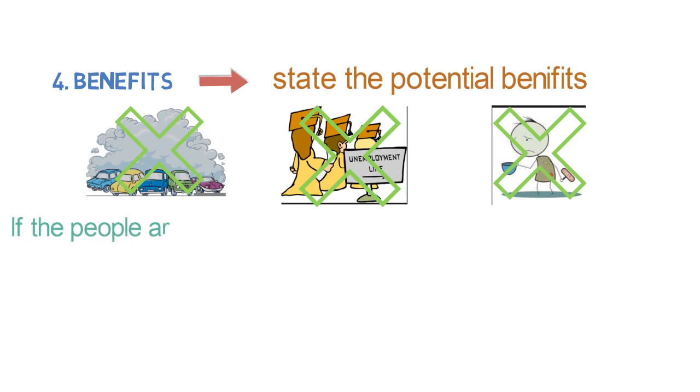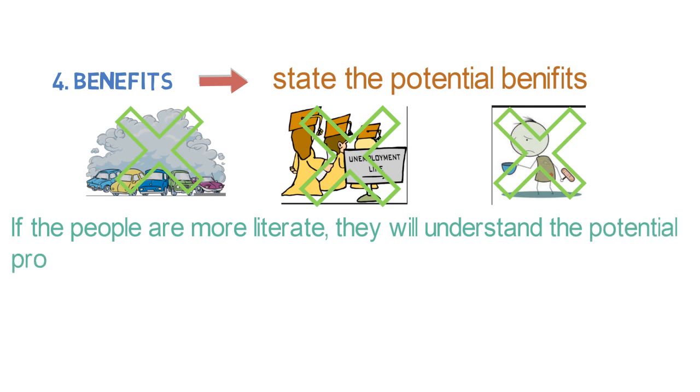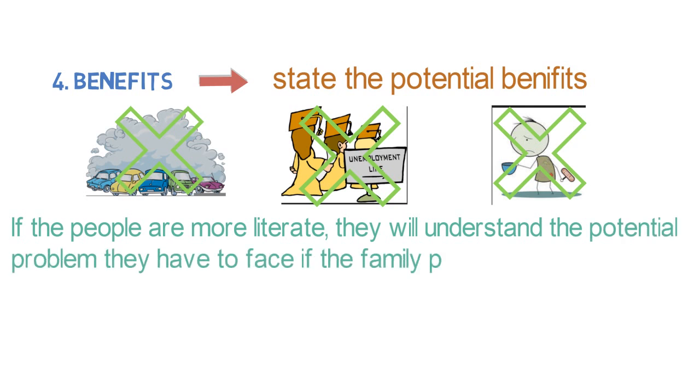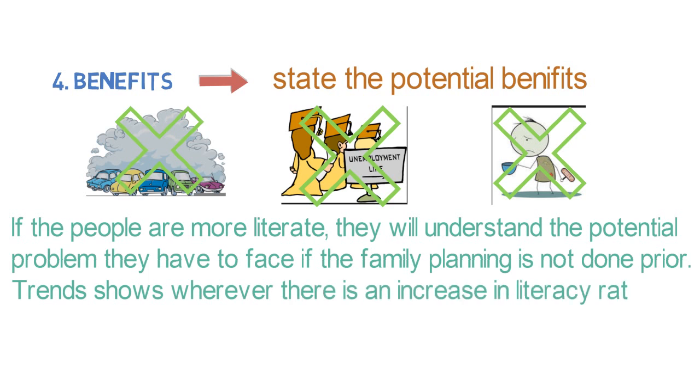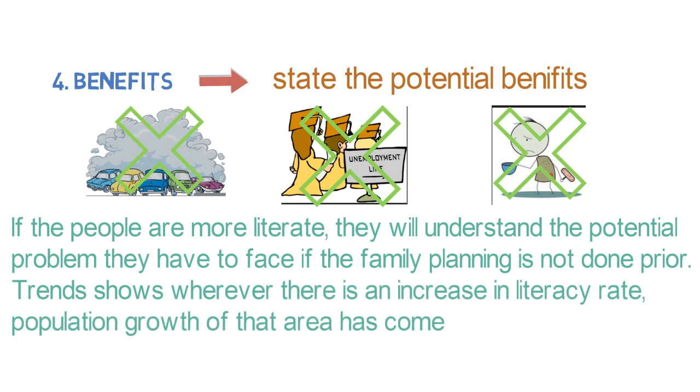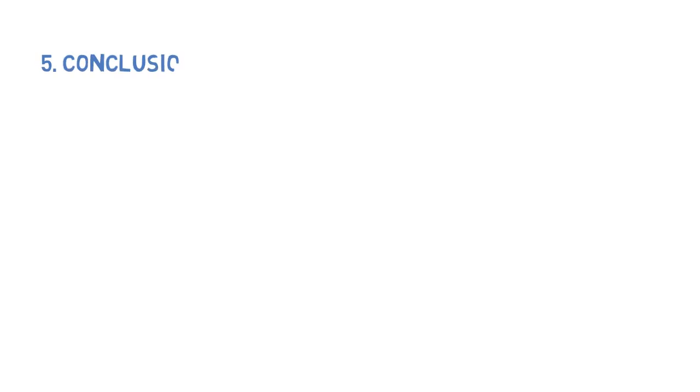If the people are more literate, they will understand the potential problem they have to face if the family planning is not done prior. Trend shows that wherever there is increase in literacy rate, population growth of that area has come down.